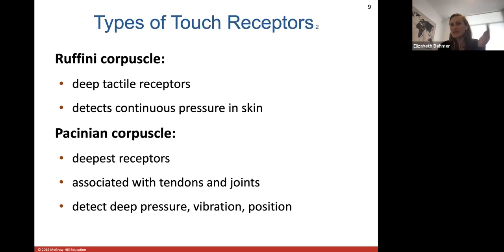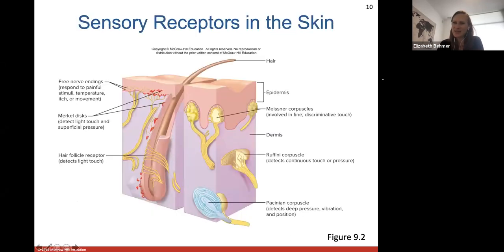Ruffini corpuscles are deeper tactile receptors to detect a continuous pressure in your skin. And then the Pacinian corpuscles are the deepest receptors. Those are usually associated with a tendon or a joint, to help detect even deeper pressure, vibration, and position. So most of these sensory receptors are found in your skin.